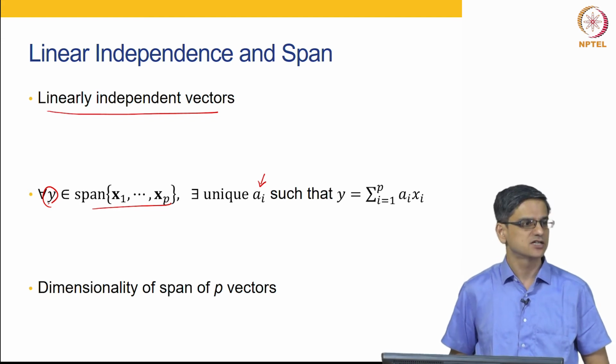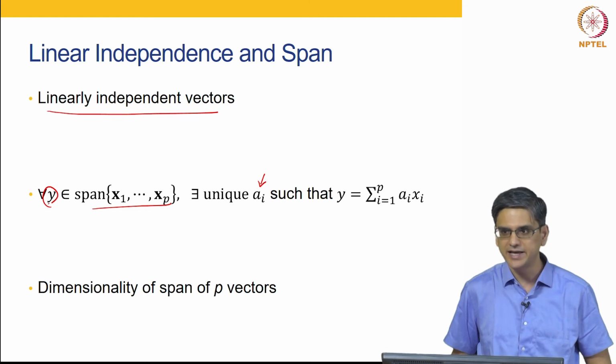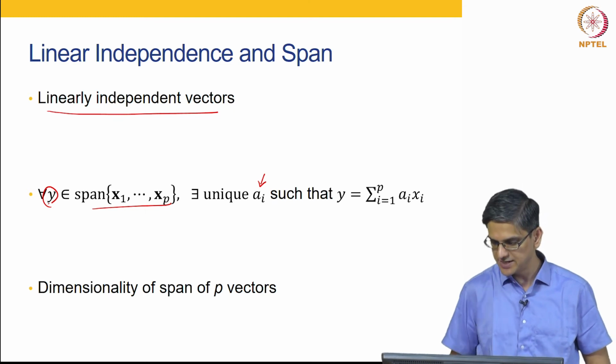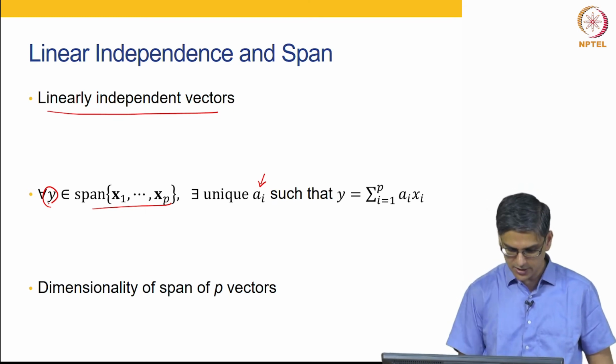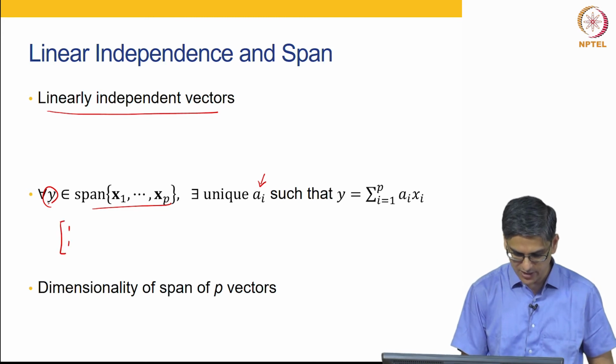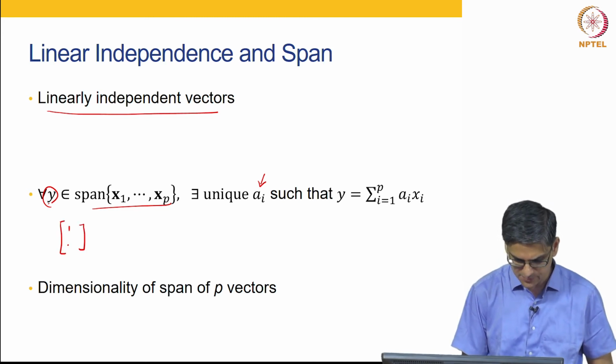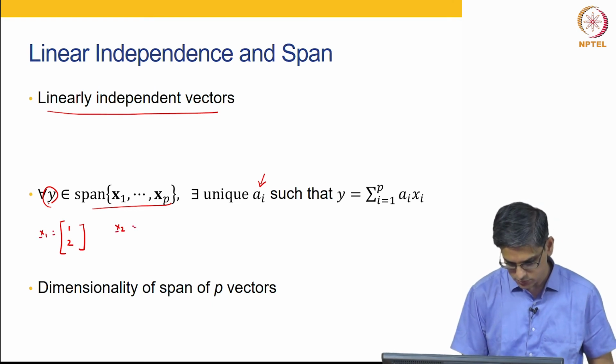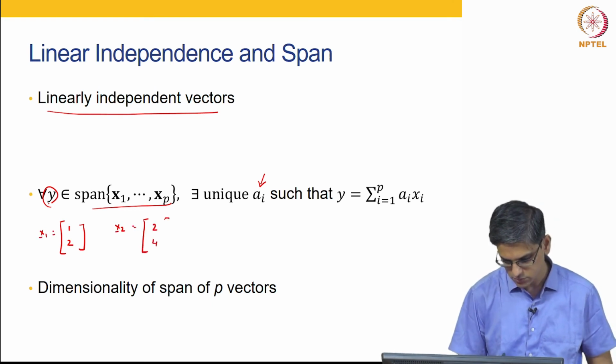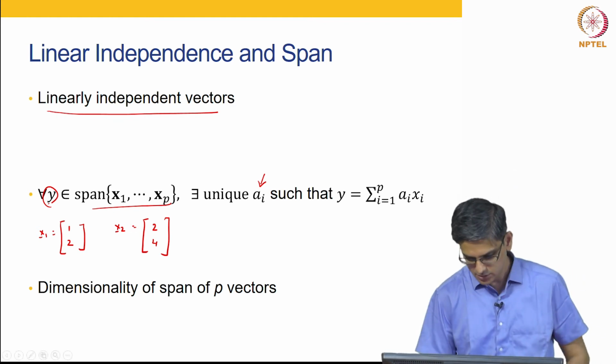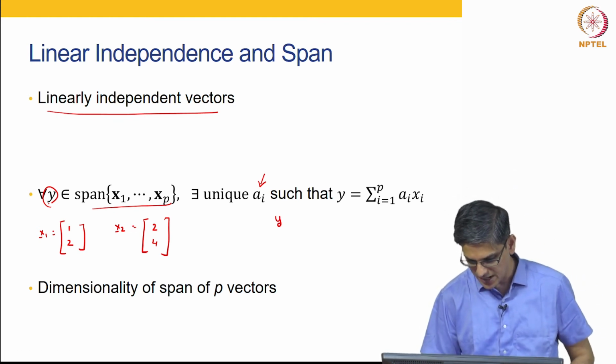If these vectors are not linearly independent, then these coefficients are not unique. What that means is, if you have 1 1, sorry, the example was 1 2, and let us say the other was 1 minus 1.